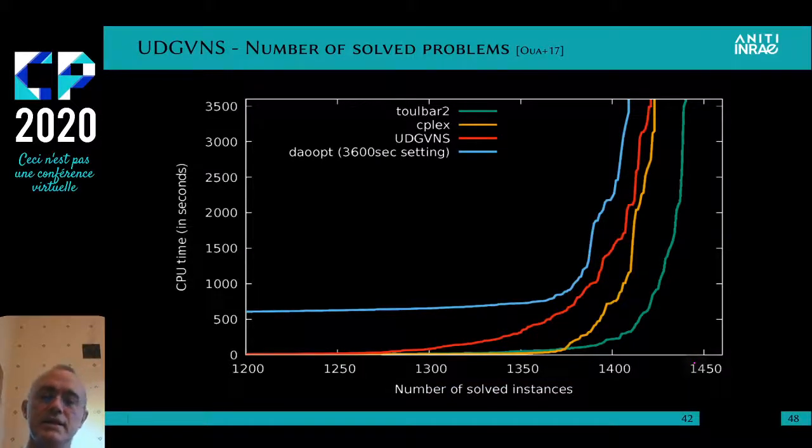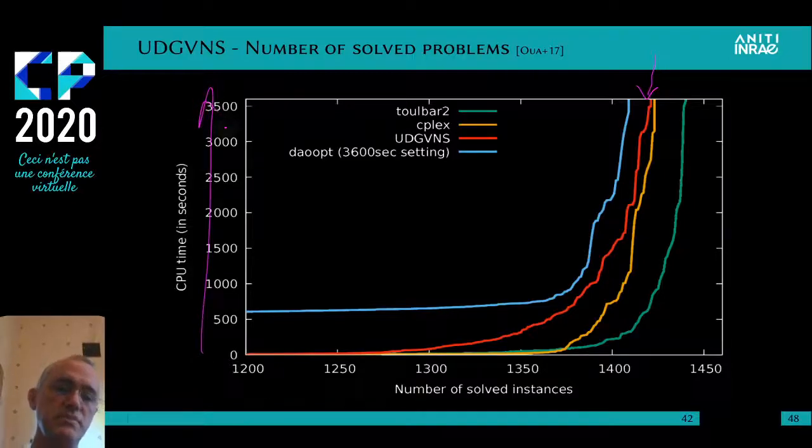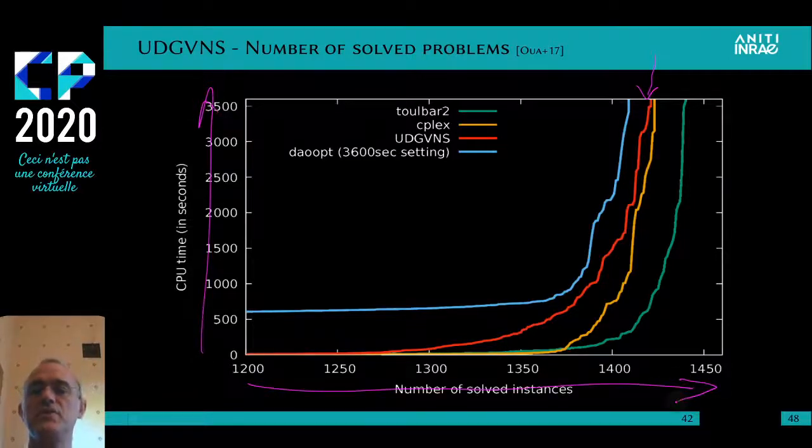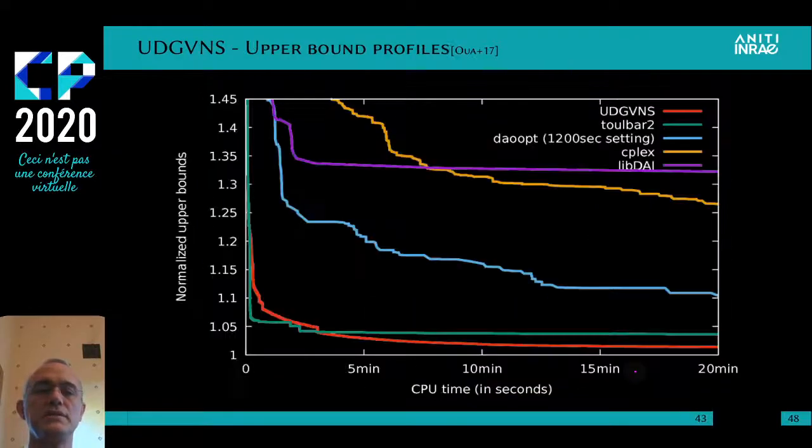So as I said, the local search inside Toolbar 2, VNS, is still complete, and it does not behave as well as HBFS or Cplex, but it is able to prove optimality in many cases. This is a cactus plot with CPU time here and the number of solved instances here. So it does produce optimality in a very large fraction of cases.